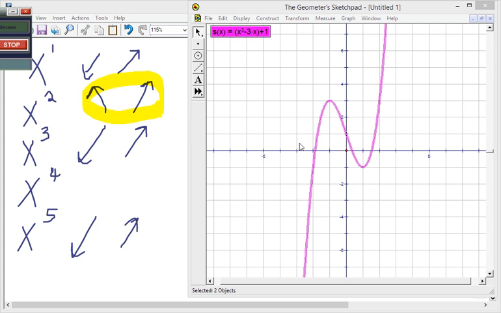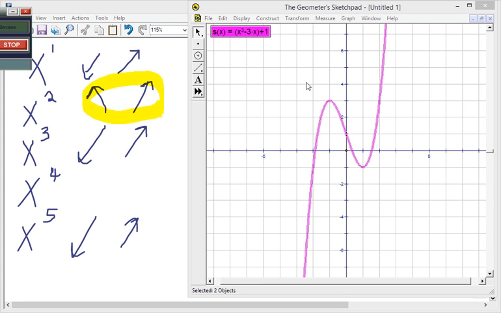So here's a polynomial, x cubed minus 3x plus 1, and it does all kinds of things in the middle here, but in the ends, when we really get to bigger numbers, it's going up to the right, going down to the left, just like the x cubed always does.